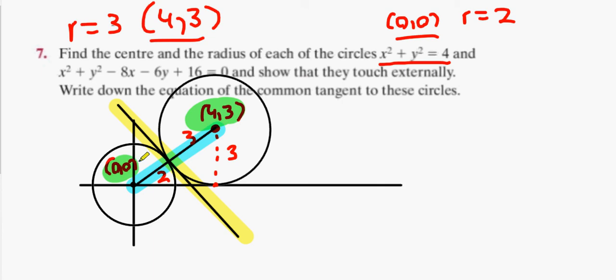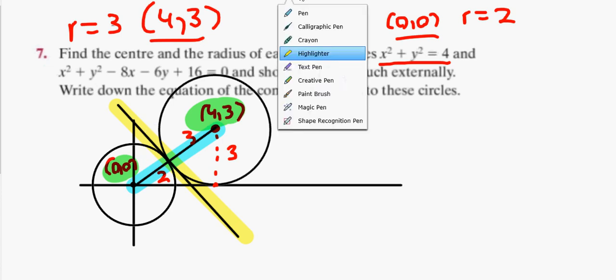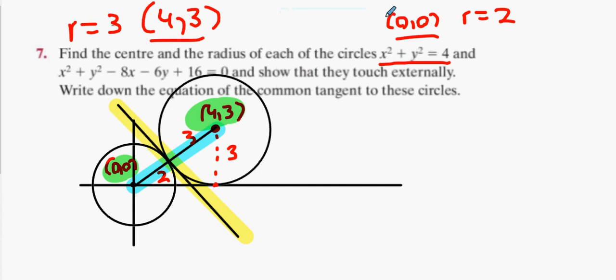The answer will be 3 over 4. Is that okay? So the slope of the blue line is 3 over 4. What does that mean about the slope of the yellow line? Minus 4 over 3.